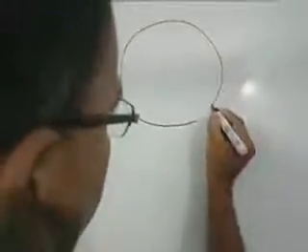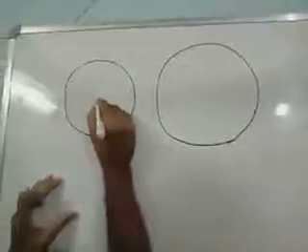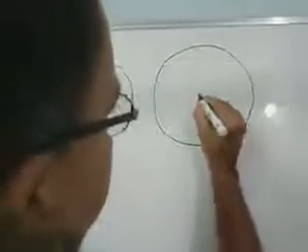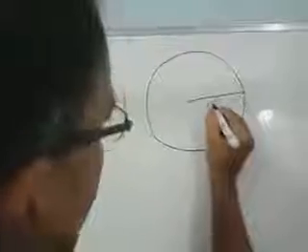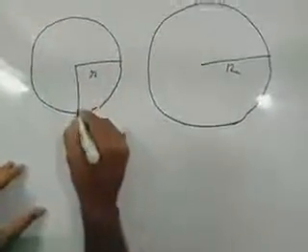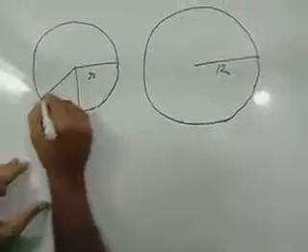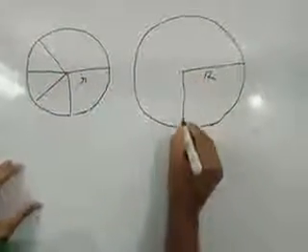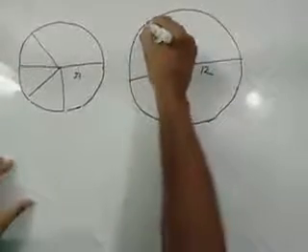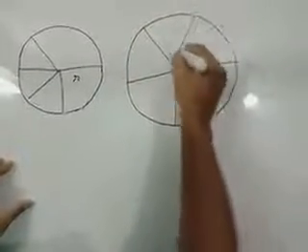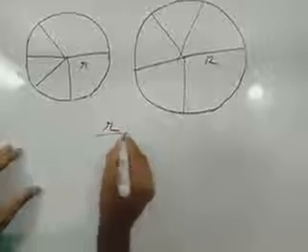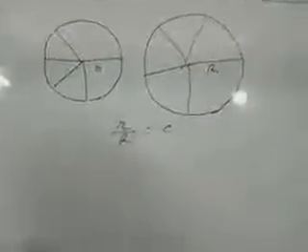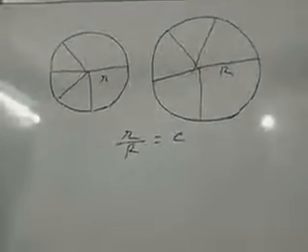In these two circles, suppose this is the radius small r and here the radius is capital R. All the radii of the first circle are the same. Similarly, all the radii of the second circle are also the same. So if we take the ratio of r by R, it will be constant. It is fixed. So two circles are always similar.